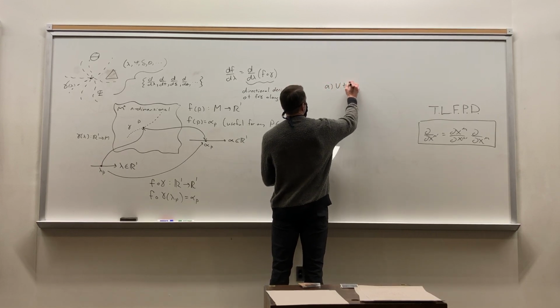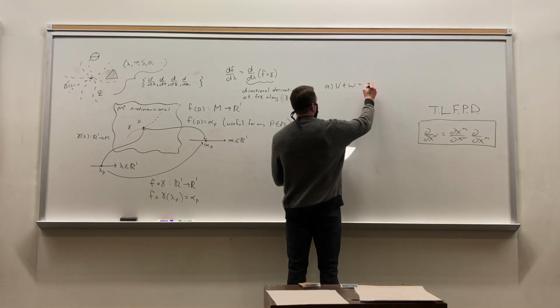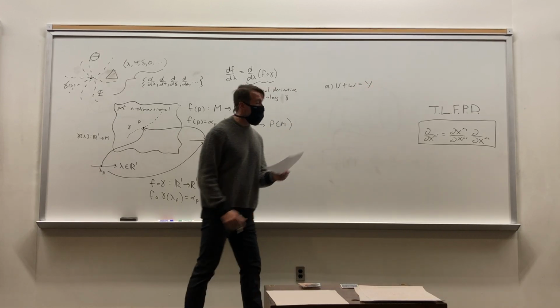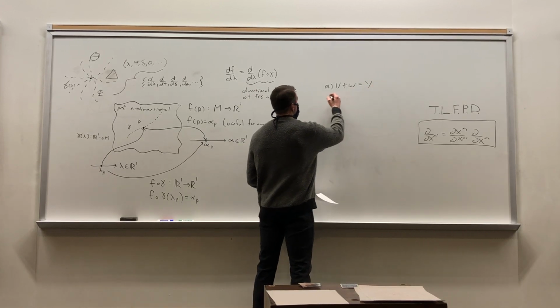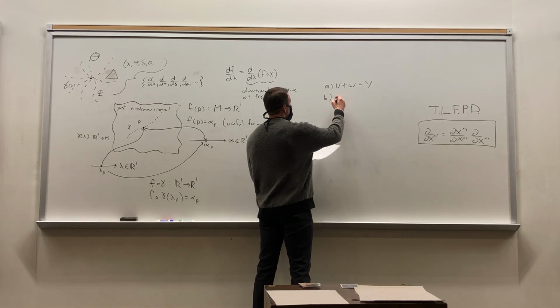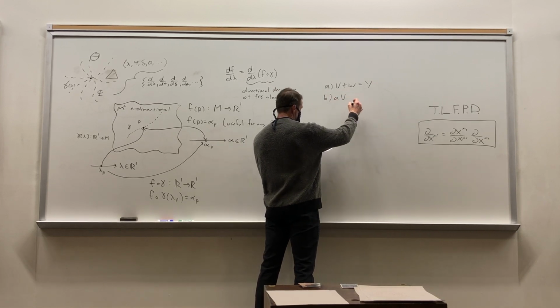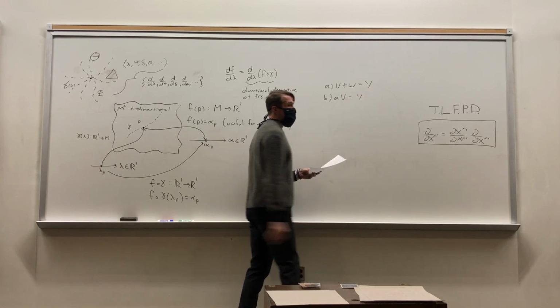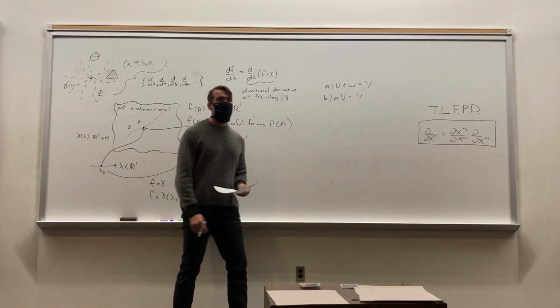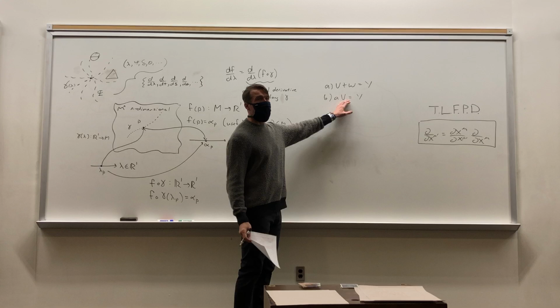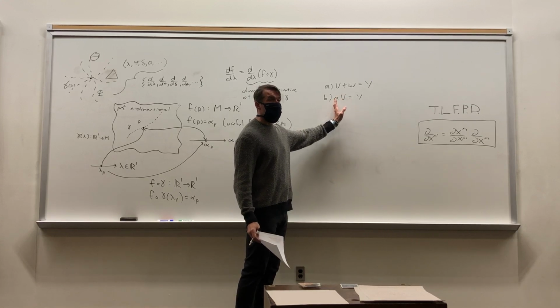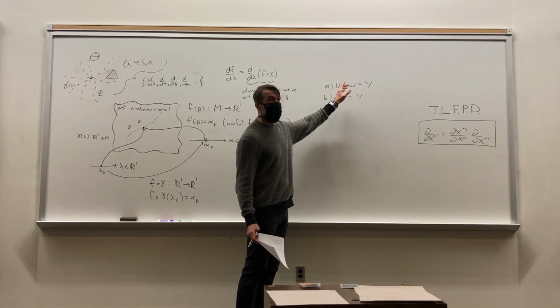A, if I take two vectors and I add them together, I have to get another vector. This is closure under vector addition. B, if I take a scalar and I multiply it by the vector, I need to get another vector. That's closure under scalar multiplication.